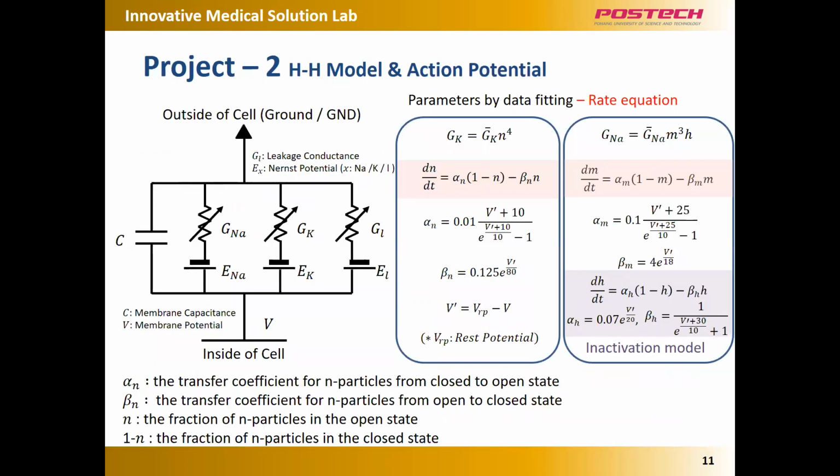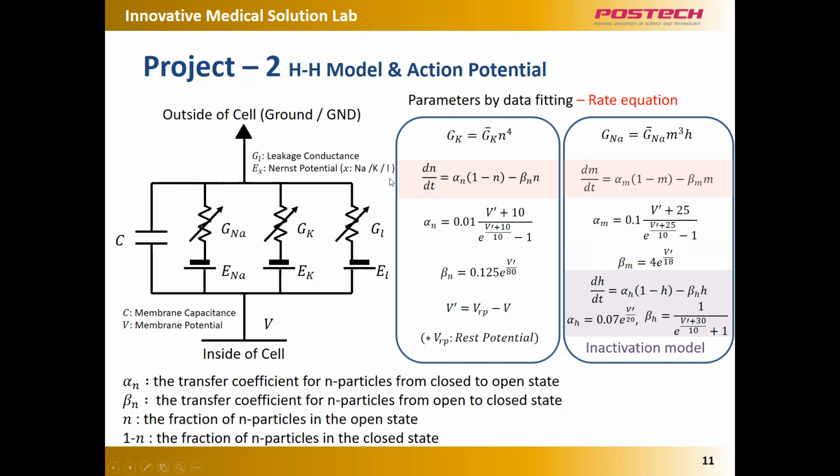So as we learned in our class, the Hodgkin-Huxley model can make a simple equivalent circuit. At this time, the resistance value of each ion channel is expressed as a kind of differential equation by the conductance change. The rate equation can be said to express the mechanism by which ionic conductance is controlled here.